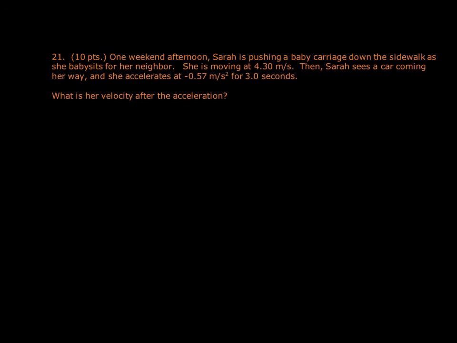So here we go. We're trying to figure out what the velocity is after the acceleration. So the real question is, what is final velocity in this problem? We're given everything out of the acceleration equation except final velocity. So the equation is acceleration equals final velocity minus initial velocity over the change in time.